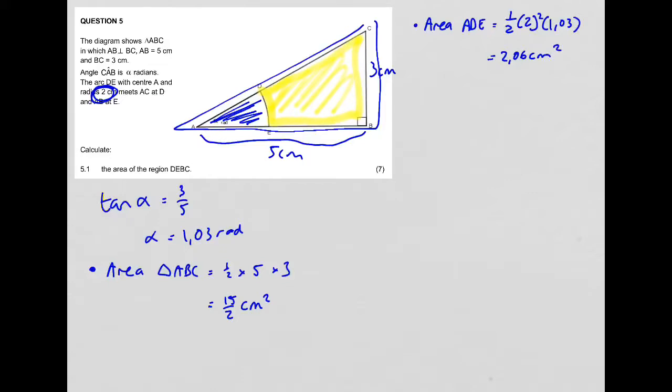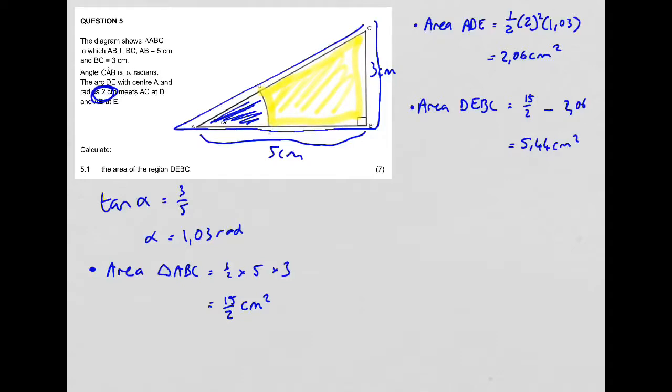Okay, to 2 decimal places is fine. And then lastly, the area of shape DEBC equals 15/2, that's the area of the full triangle, minus the area of the sector, which was 2,06, gives us a final of 5,44 centimeters squared.